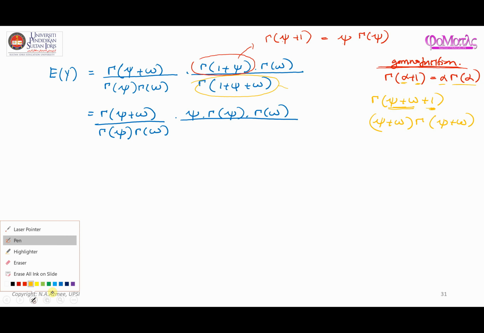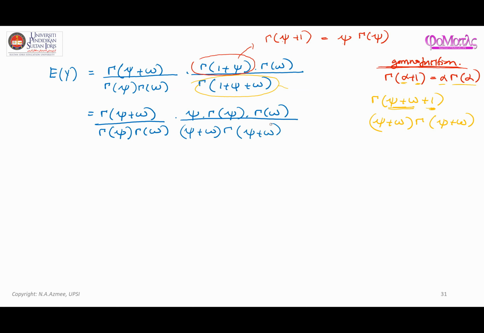So that's what I'm going to write down. Next is something, which is psi plus omega gamma function psi plus omega. And by doing that, you can happily cancel this out, I hope. There you go.